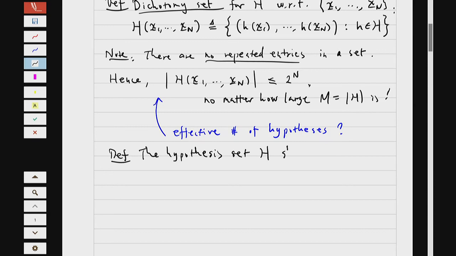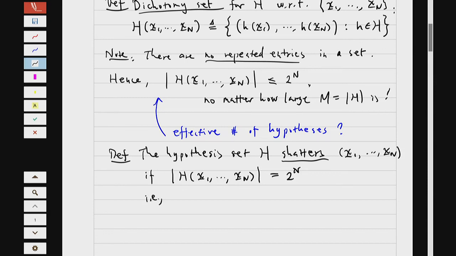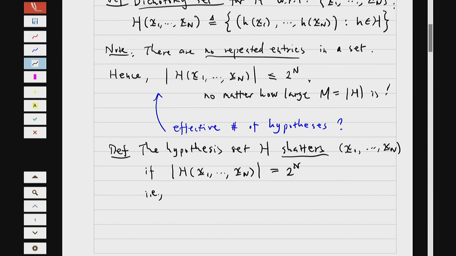In other words, this H is as diverse as possible, right? There are enough hypotheses there to give you all possible binary vectors.